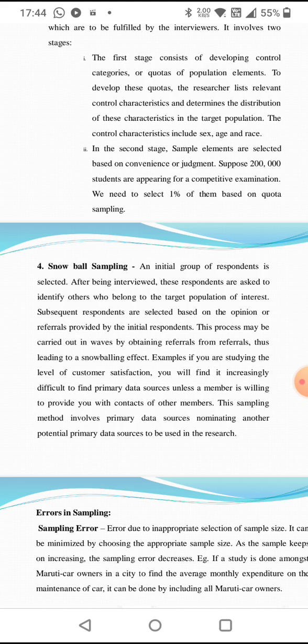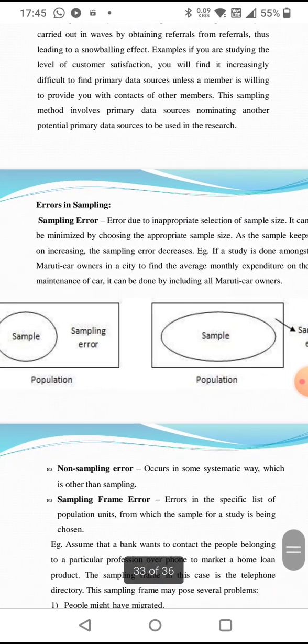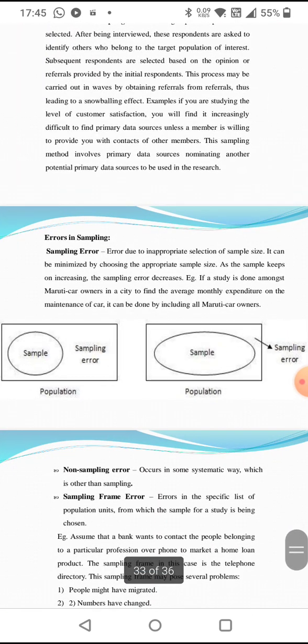For example, if you are studying the level of customer satisfaction, you will find it increasingly difficult to find primary data sources unless a member is willing to provide you with contacts of other members, right? So this sampling method involves primary data sources nominating other potential primary data sources which can be used in the research.